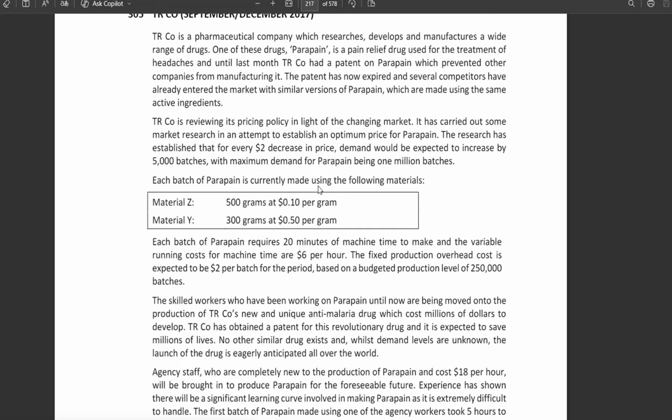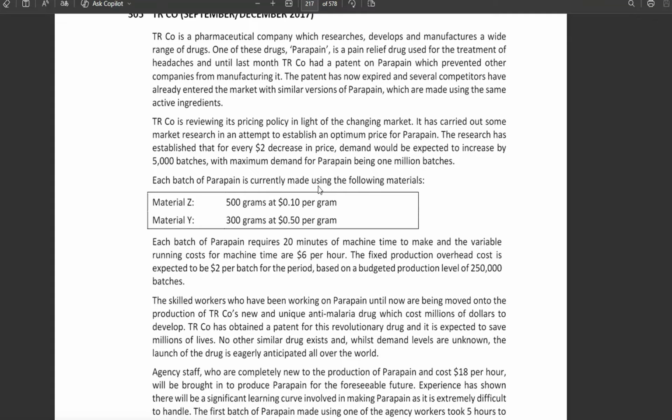So each batch of paraffin is currently made using the following materials: material Z and material Y. So basically this is a cost card. If we are producing one batch of paraffin, it will require 500 gram of material Z, which costs $0.10 per gram.